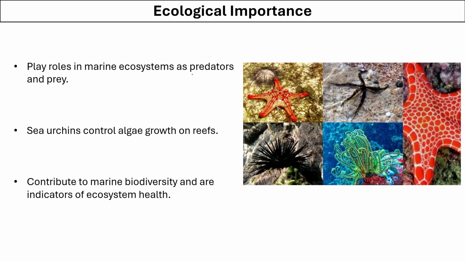These animals are both predators and prey in the marine environment, so they eat a lot of other animals and then they get eaten by bigger animals. Sea urchins feed on algae, and that's why they control the growth of algae on reefs. The echinoderms also contribute to marine biodiversity and are an indicator of good health of the underwater ecosystem.